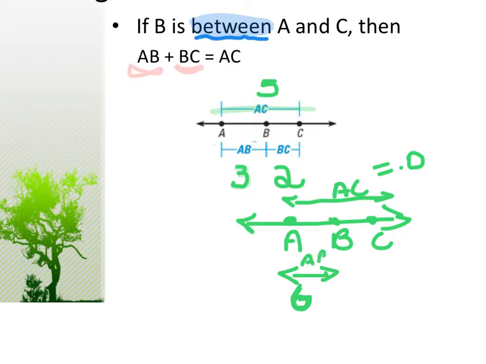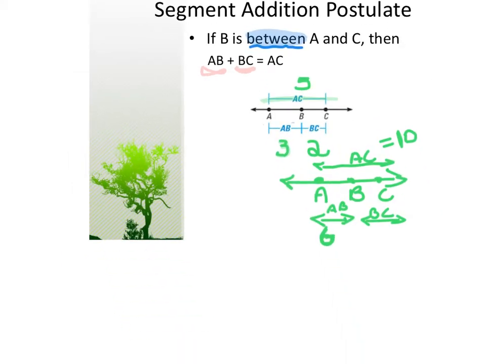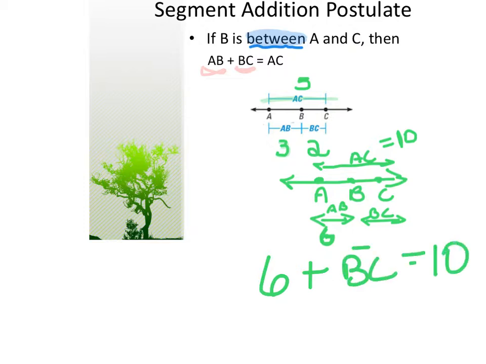This is AB. How could you find out what BC is? You can do 10 minus 6. Perfect. So you would take your segment addition postulate and say that 6 plus BC should equal 10, which is AC. And then we would apply our algebra, and we would do 10 minus 6 to get 4.